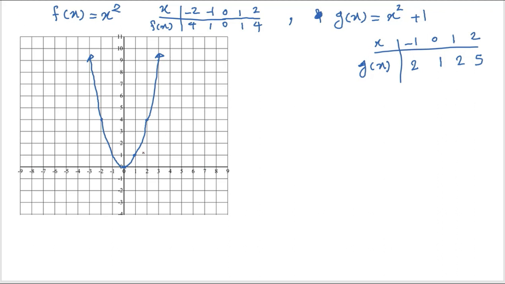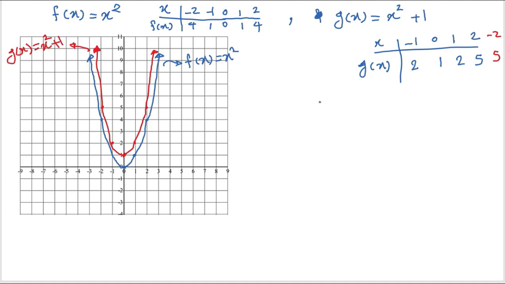So negative 1 and 2 is right here. 0 and 1, 1 and 2, 2 and 5. So this graph is f of x is equal to x squared, and this one is g of x is equal to x squared plus 1.